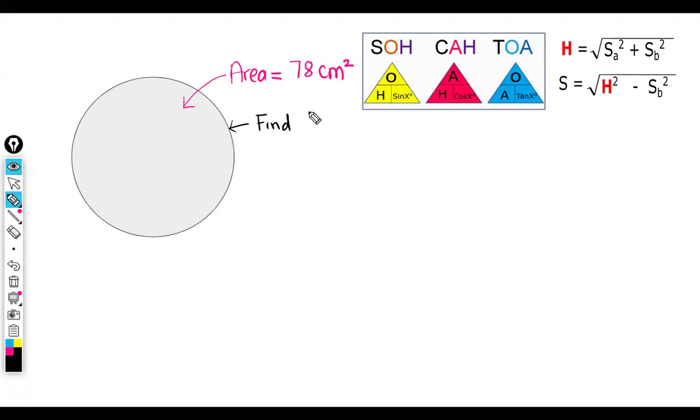Take 5 minutes with this question. Here's what you need to do first. You need to find the radius of that circle first. So it's almost like the question we just did, except it's a different value for the area. But once you find the radius of that circle, it should be easy afterwards to find the circumference.